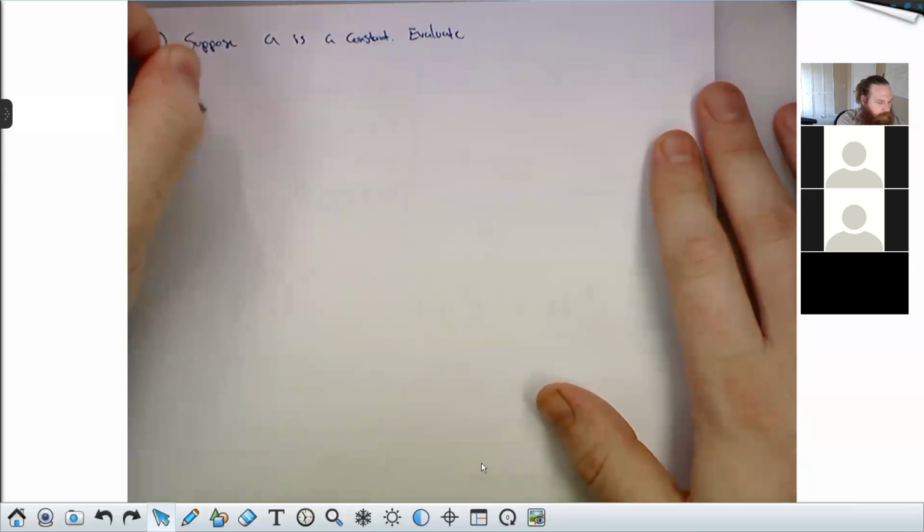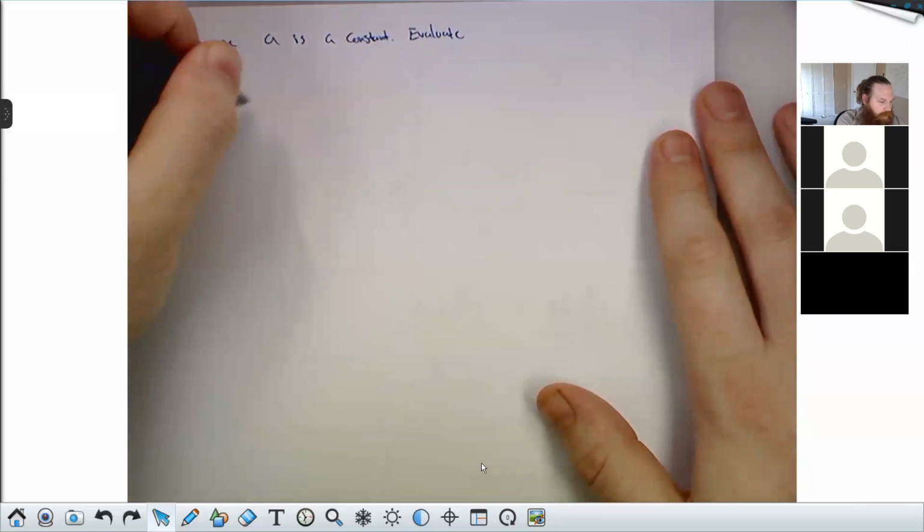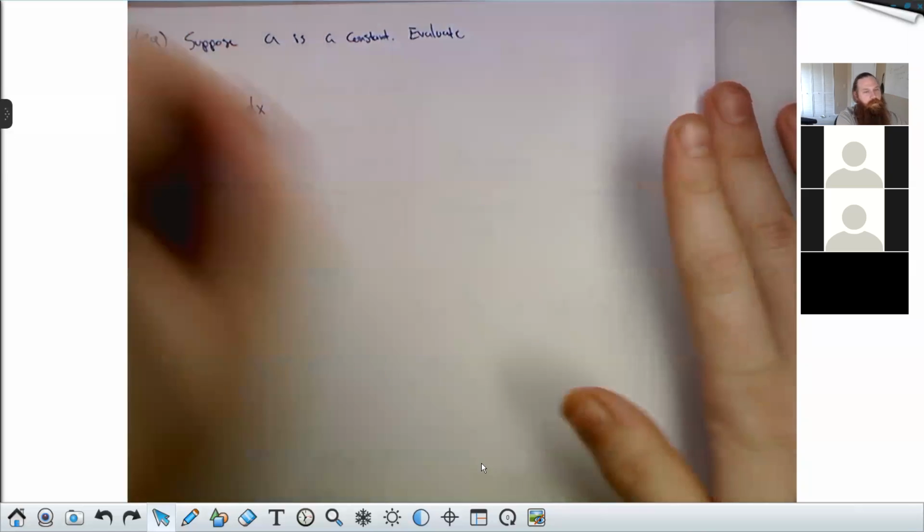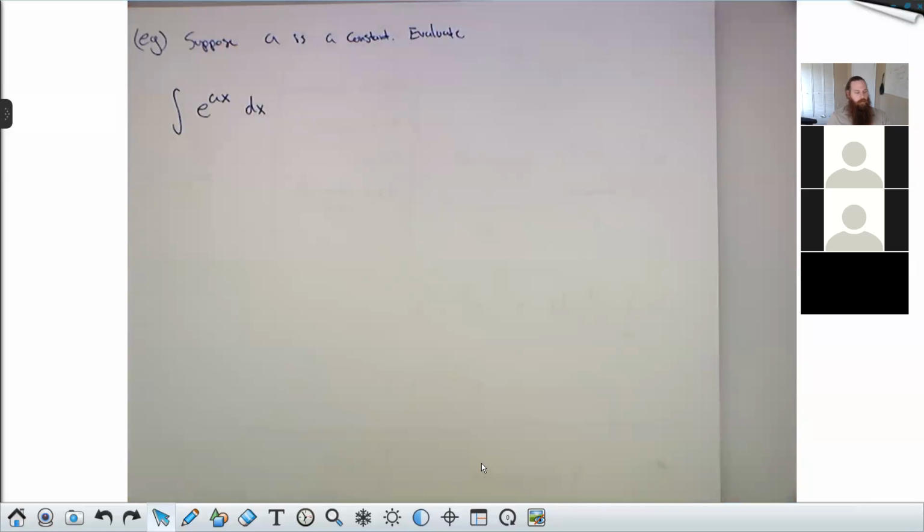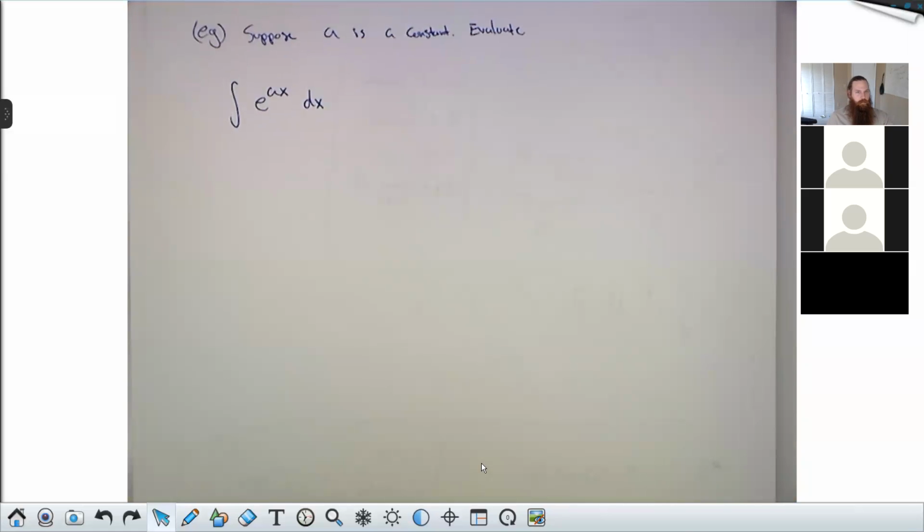Evaluate the integral e to the ax dx. This has the same sort of issue as the last one, where inside, instead of just having x, I had pi x. Now inside, instead of just having x, I have ax. So what do you think we'll want to substitute for here?